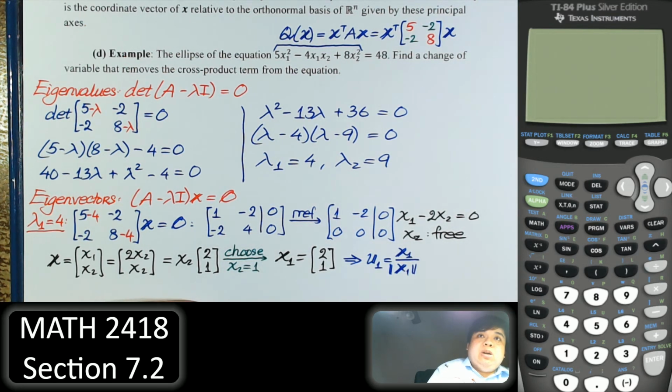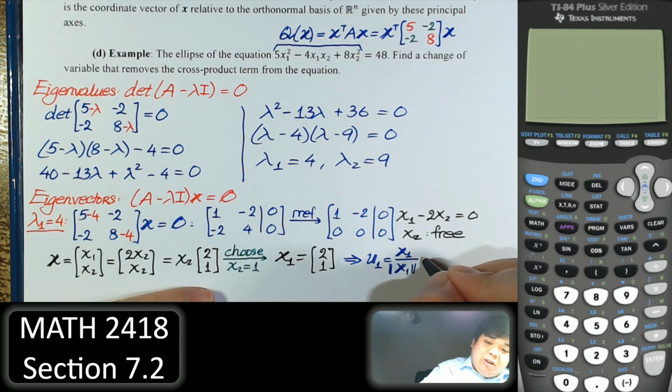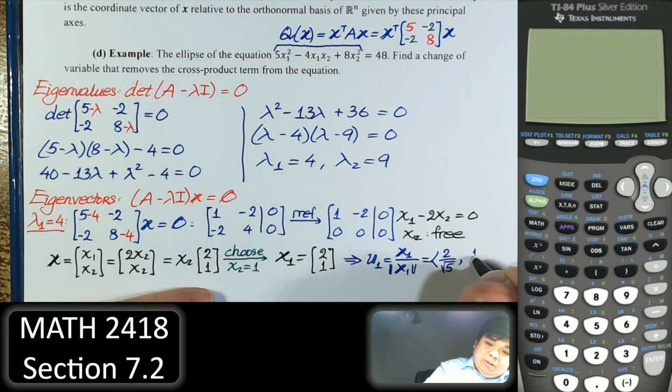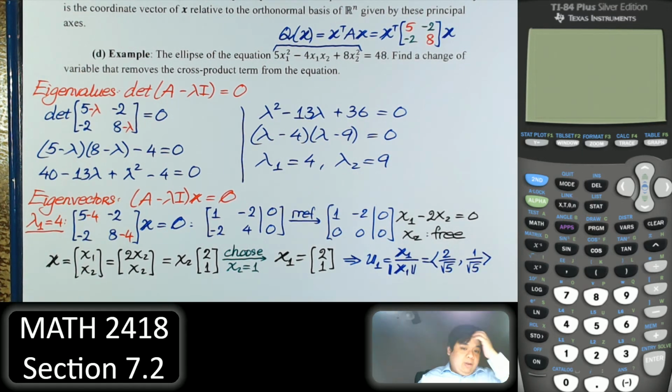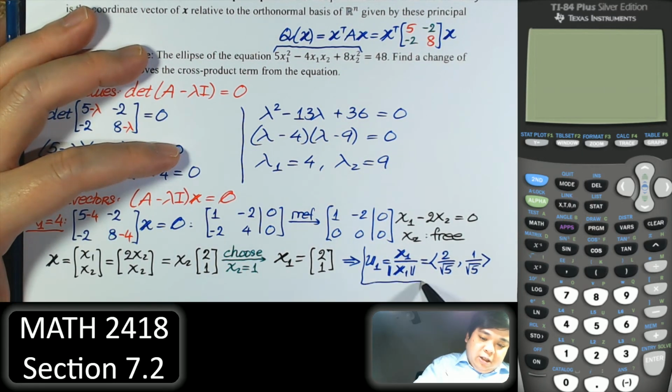The magnitude, or the norm, is going to be the square root of 2 squared plus 1 squared, so that's the square root of 5. So it's going to be 2 over square root of 5. This is similar to the last problem. Right. So this is the unit vector in the direction of x.